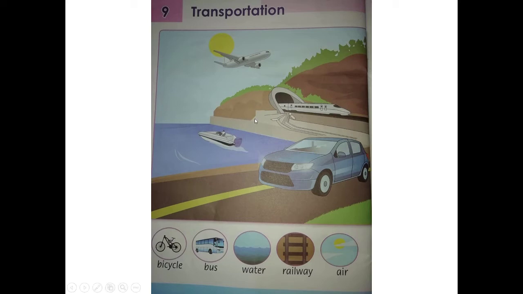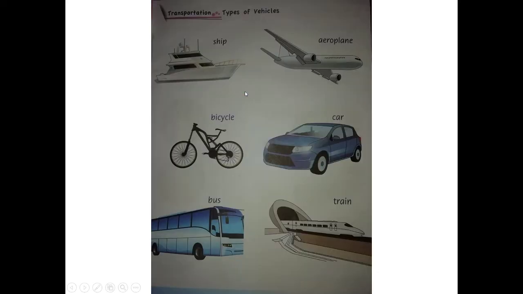Now, what are the types of vehicles that we have for transportation? We have a ship. This is a ship through the sea. It sails on water, right?